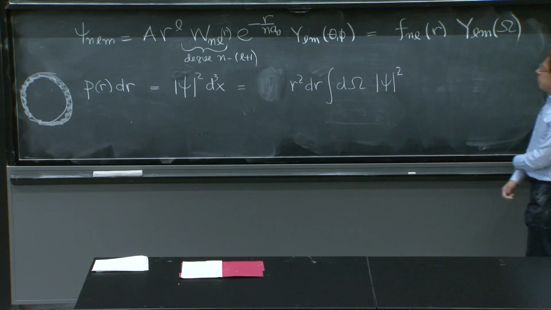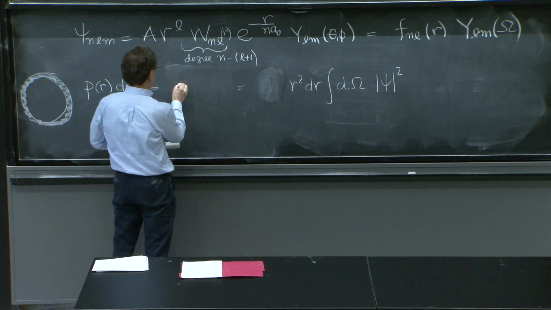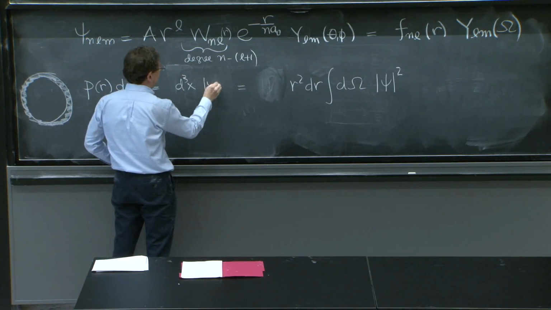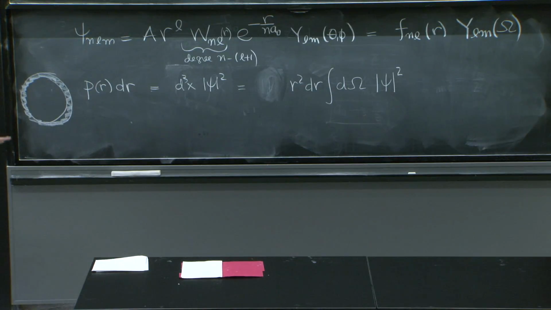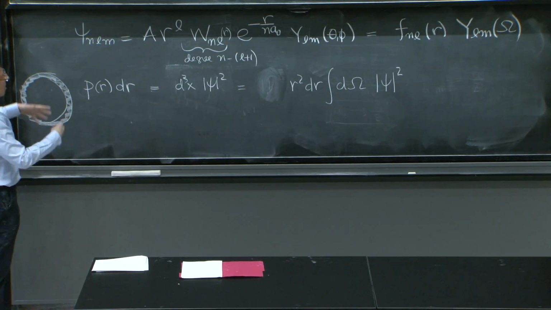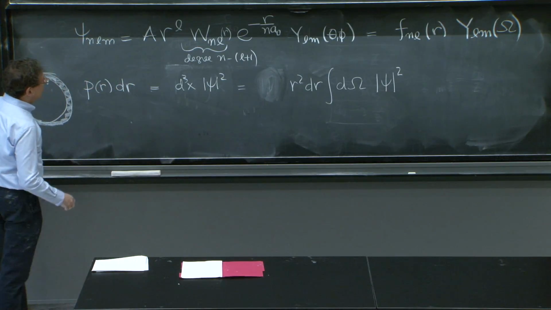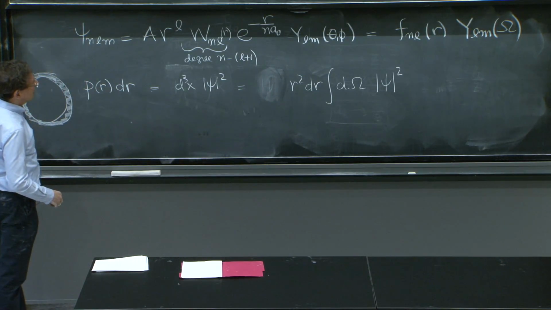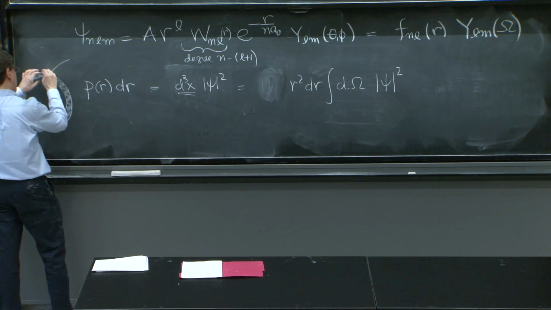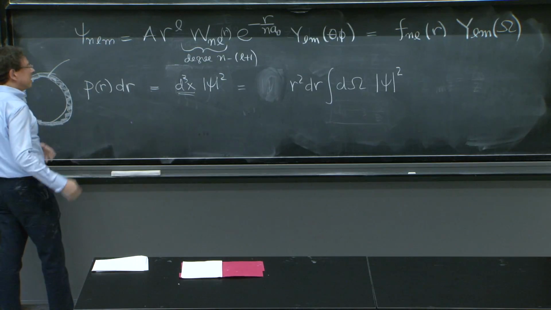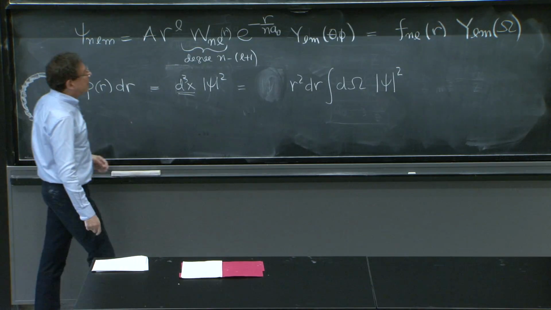If you want to make things look perfect, put the d cube x before the psi squared here. And the problem is that the d cube x is big enough that, in some sense, it has a partial integral. So the notation is not perfect, but somehow you must imagine this whole volume element that is still infinitesimal, but involves some integral already.